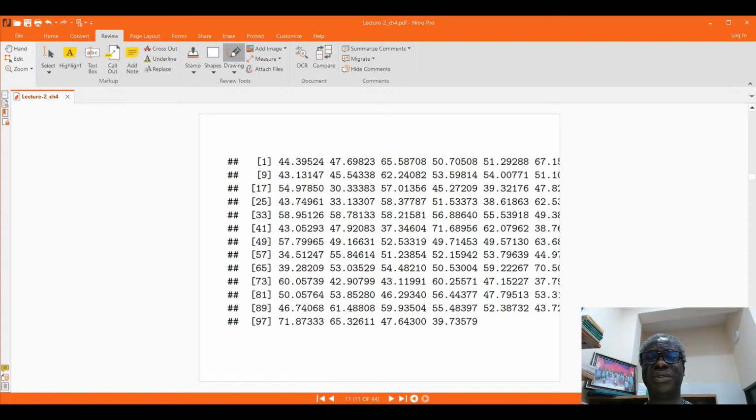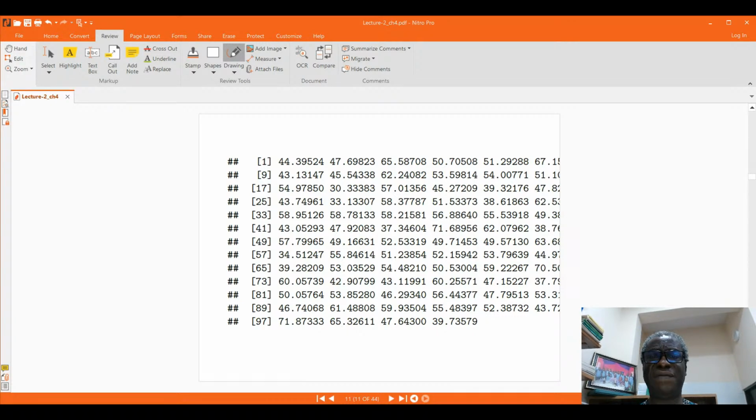So this is the simulated population, the simulated ages of the 100 people that constitute the population.